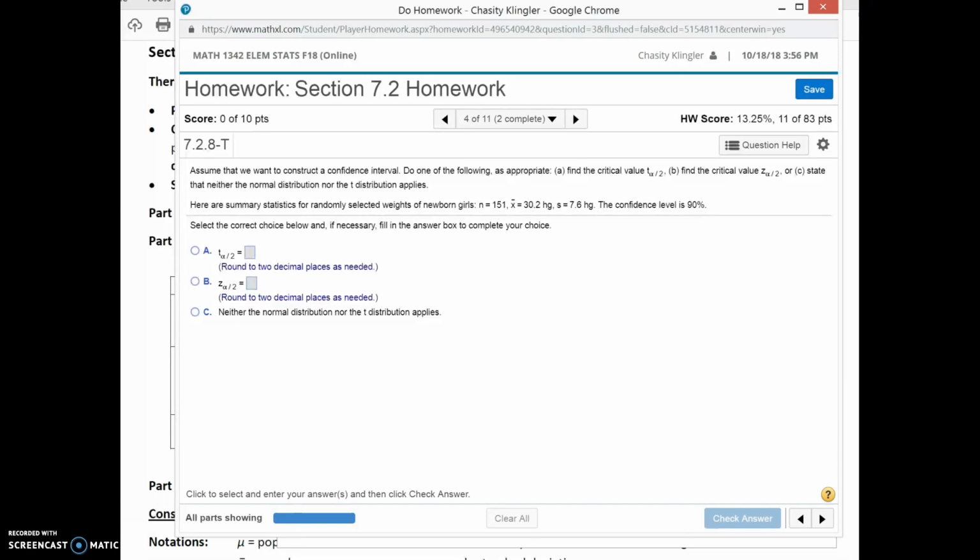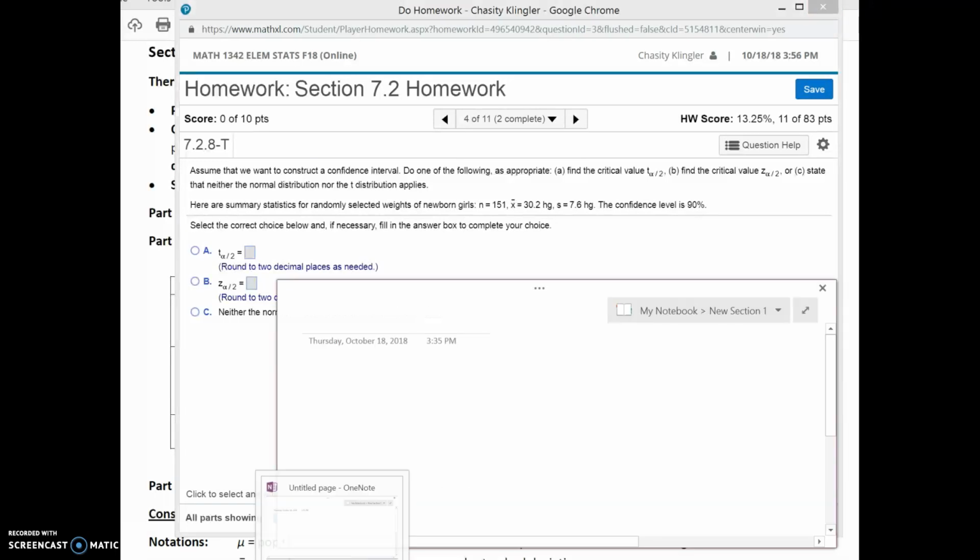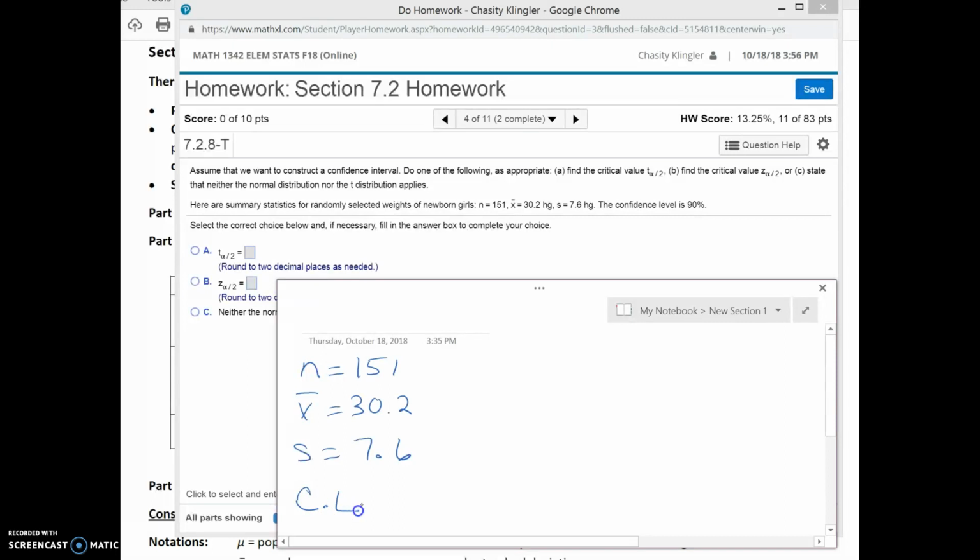So now that I've decided what I'm going to use, I'm going to write down all my important information and draw a picture. So N is 151. My sample mean is 30.2, and my sample standard deviation is 7.6, and my confidence level is 90%. So on my bell curve, the student T looks similar to a normal distribution, so you can draw the same picture.